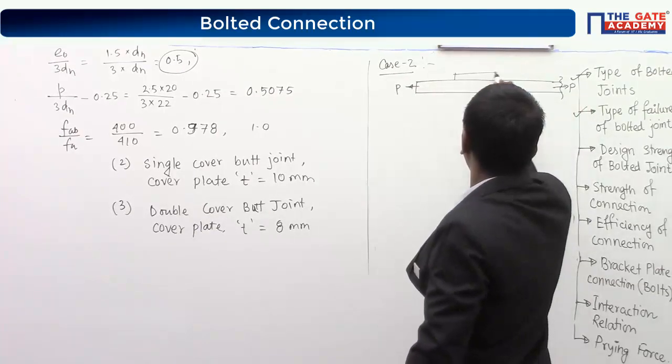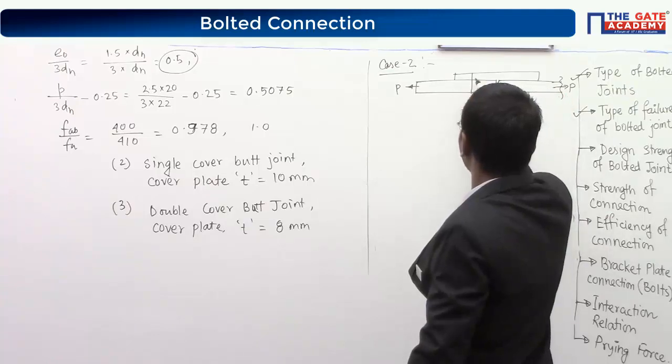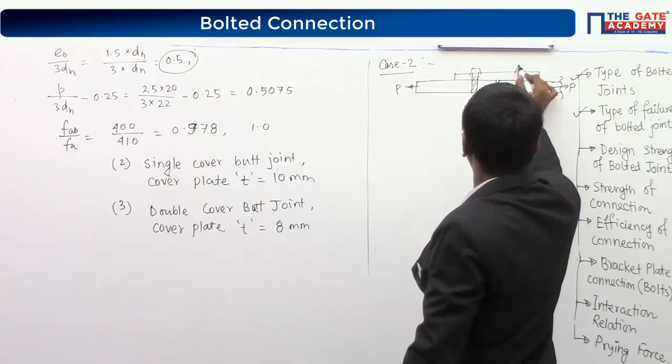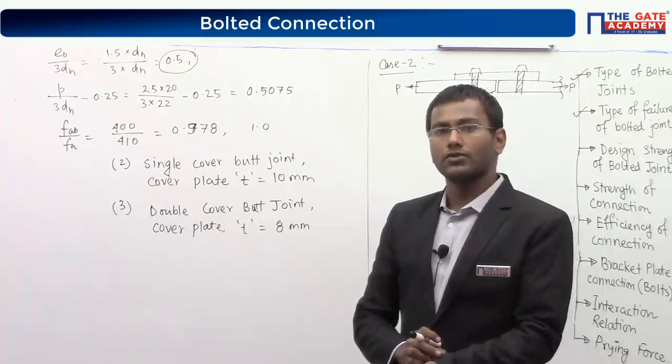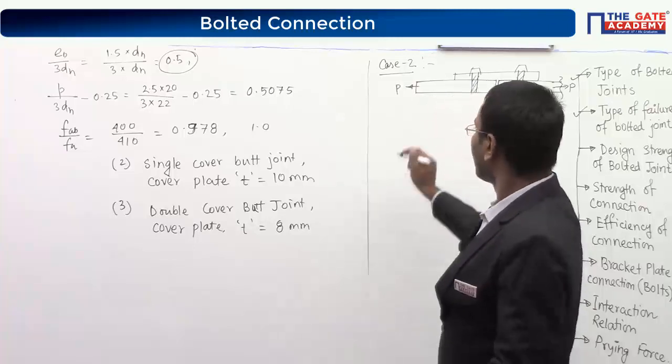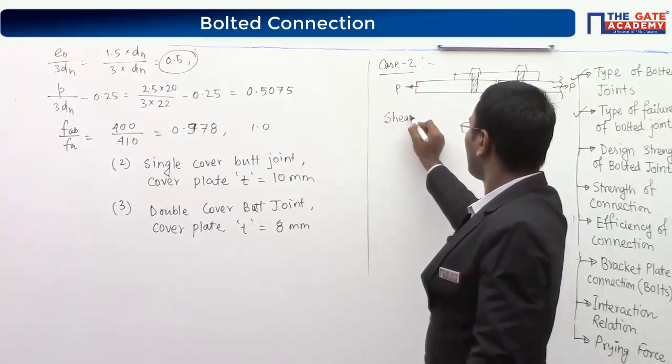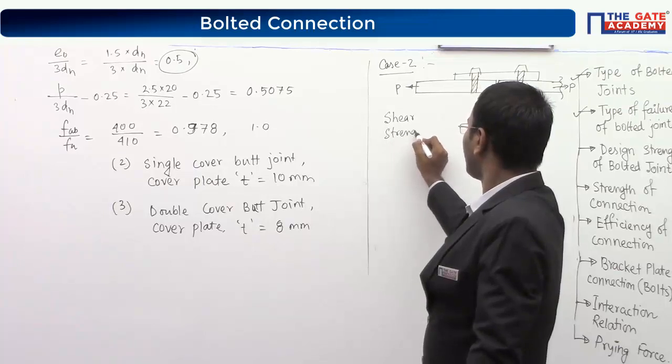So here I have applied one cover plate and I am assuming some bolts are connected on both the sides. But our target is to find out the strength of one bolt. So for this case, shearing strength, or shear strength, it will be what?